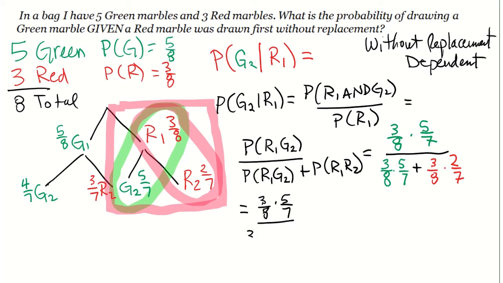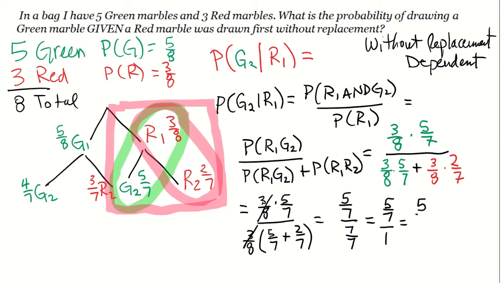The denominators are both multiplied by a 3/8, so I can pull that out. Combine terms, my 3/8 on the top cancels out the 3/8 on the bottom. That gives me 5/7. 5/7 plus 2/7 equals 7/7, and that simplifies to 1.